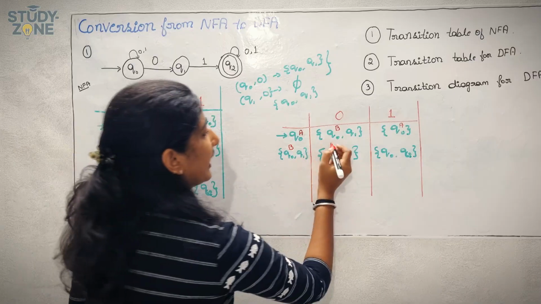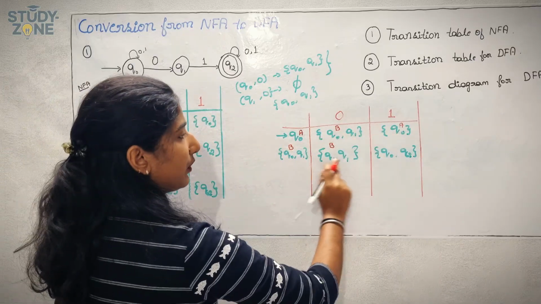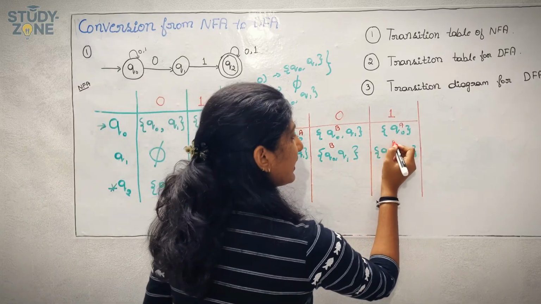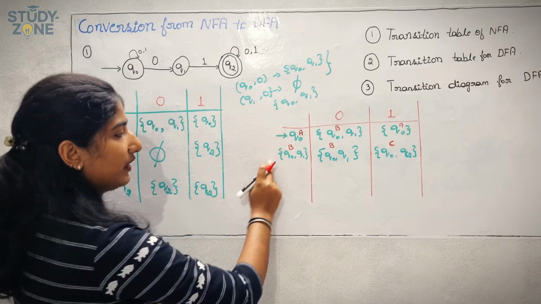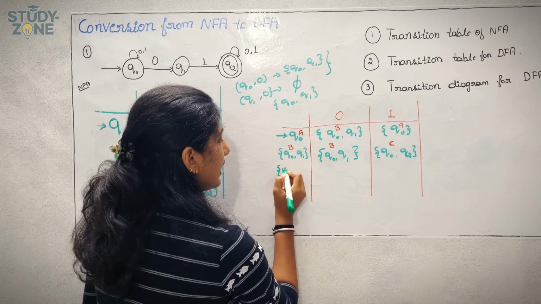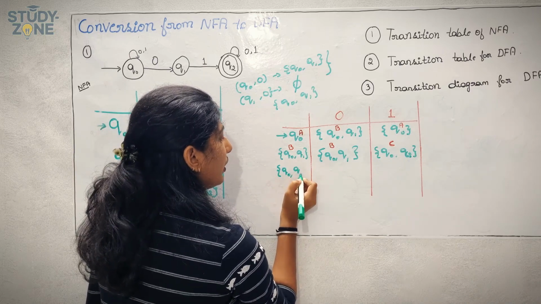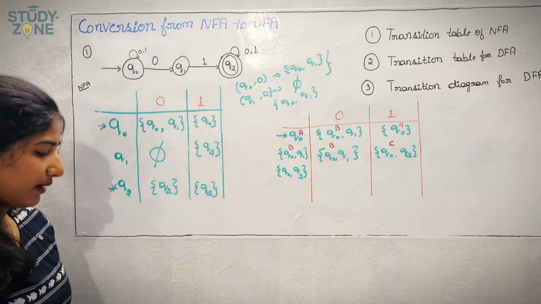Q0, Q1 already named, that is B, and Q0, Q2, is it there before? No, right? So we have to name it as C. Now for A we wrote, for B we wrote, now the remaining thing is C, that is Q0, Q2. Clear?